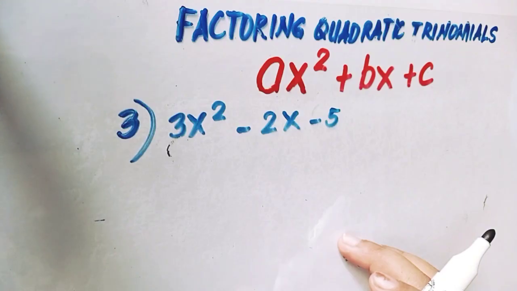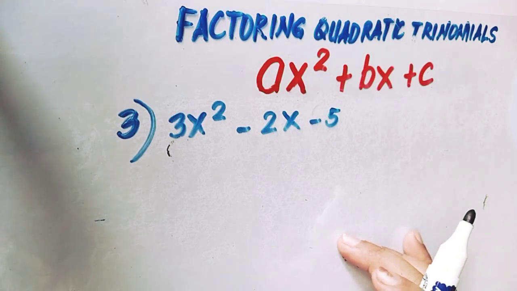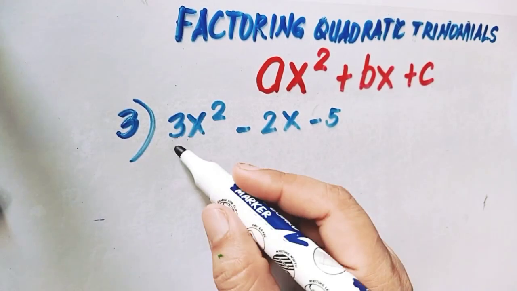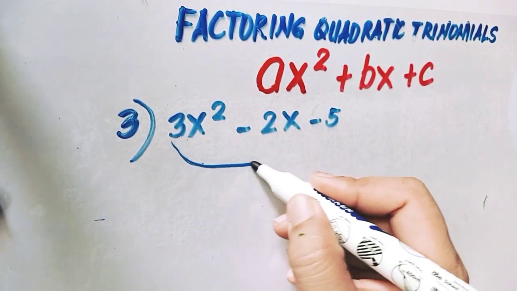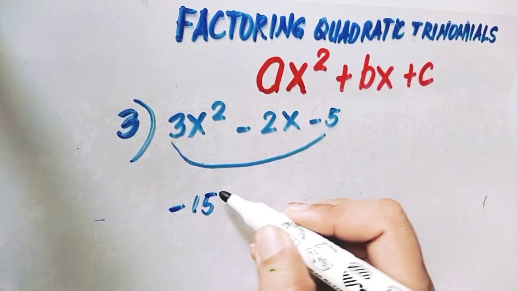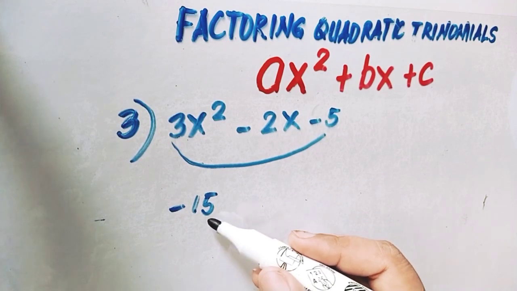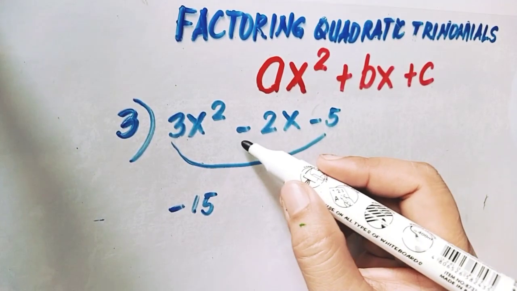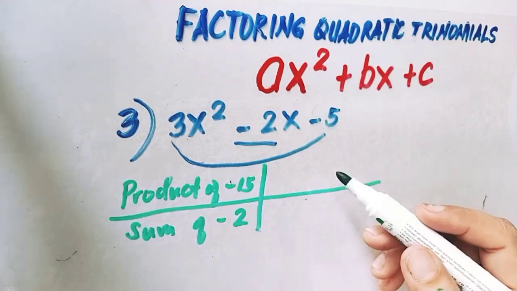Example number 3, 3x squared minus 2x minus 5. We can make our solutions a little bit shorter. So let's multiply our a, 3 times negative 5, and our answer is negative 15. Then let's get the factors of 15 that, when added, the answer is negative 2.